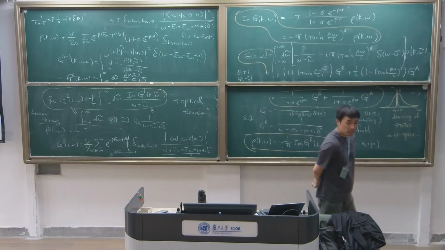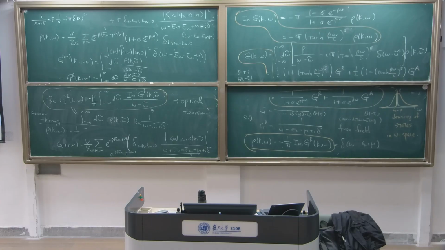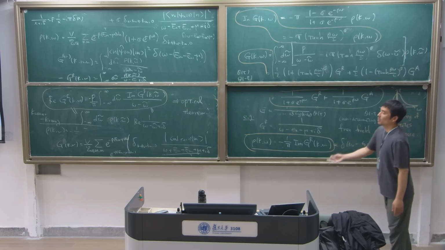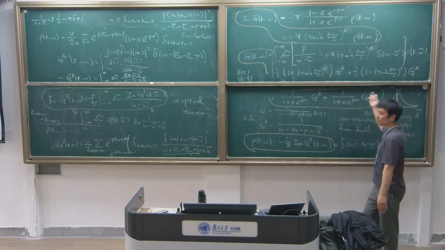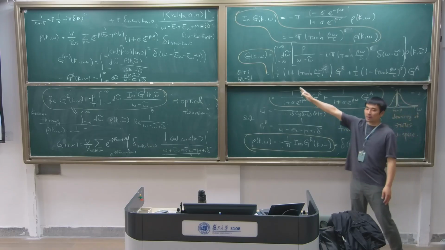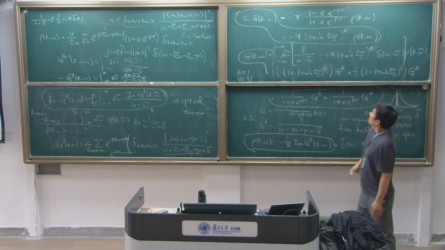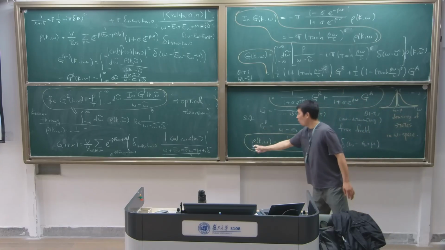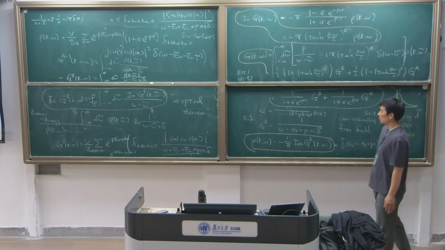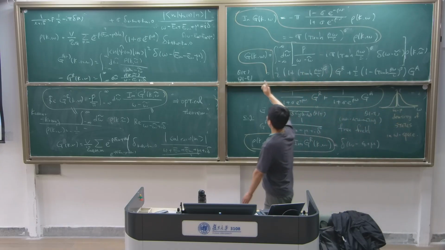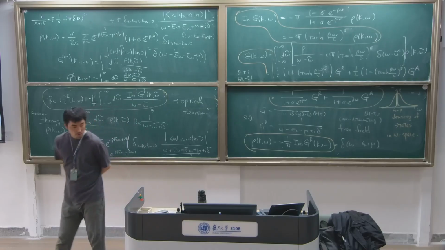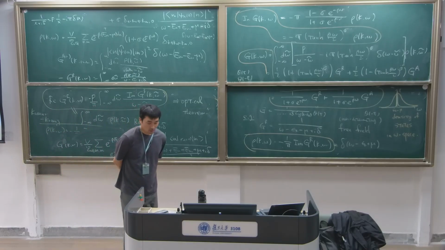So this is the essential summary of today: the Green function is the essential quantity, and it has an imaginary part and a real part. And there is the usual Green function, the retarded Green function, and the advanced Green function. They are related by this formula, and the relation between rho and the retarded part, the imaginary part, and so on, are summarized in this.